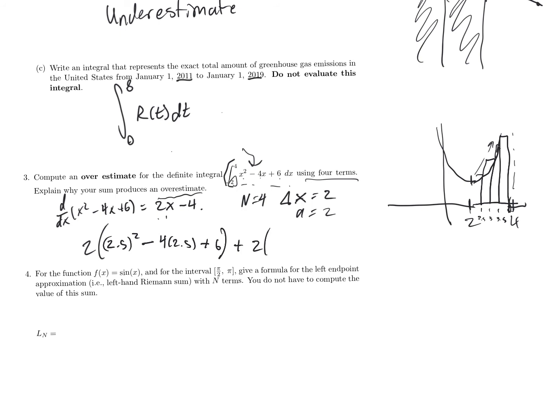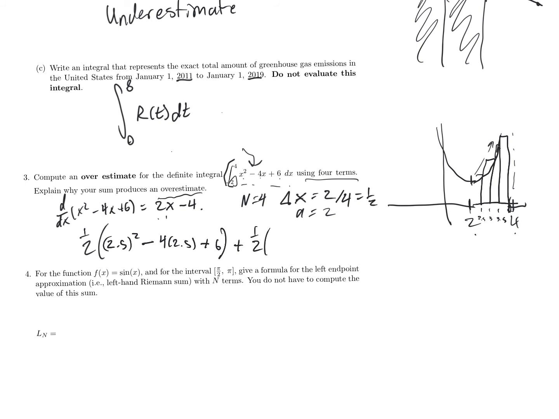Wait, I messed up. Delta x is not 2. Sorry, delta x is 2 over 4, which is equal to 1/2. The distance from 4 to 2 divided by the number of rectangles. It's 1/2. Not a big deal.